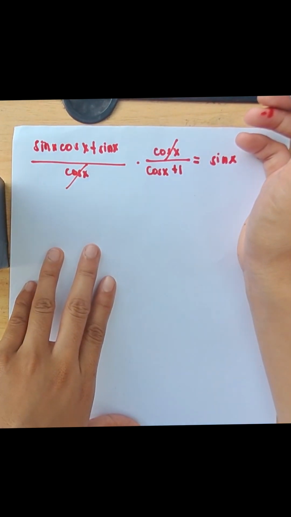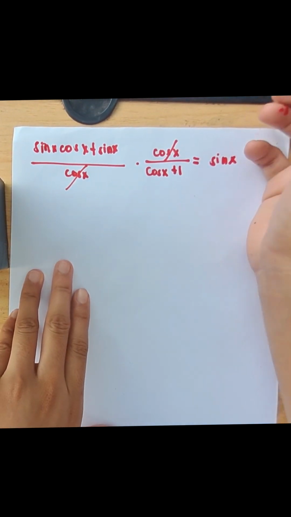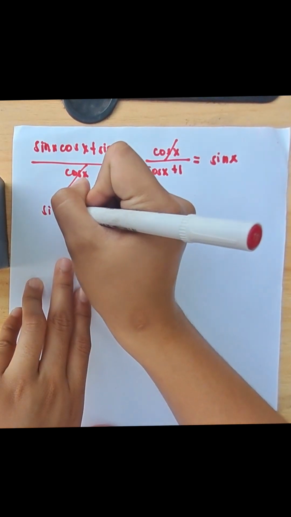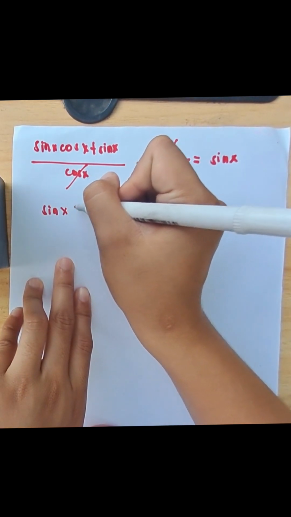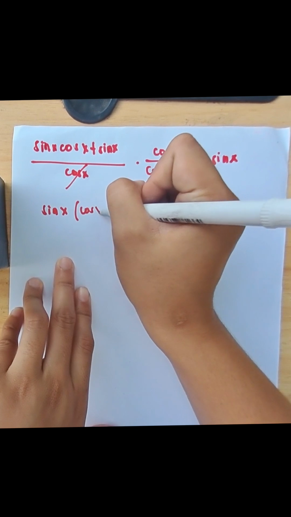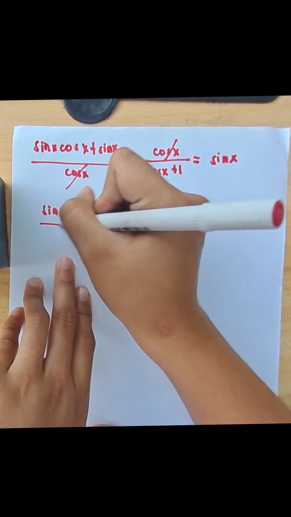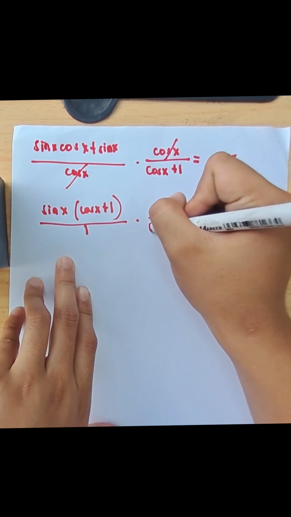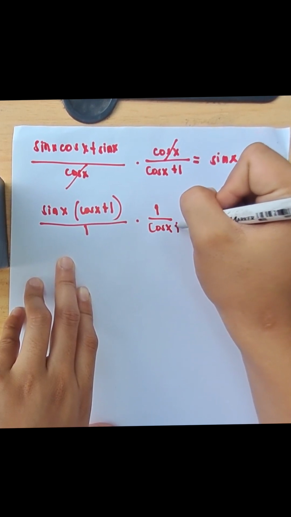So now let's proceed to the denominator. So in the denominator we have here a sine x cosine x plus 1 over 1 times 1 over cosine x plus 1.